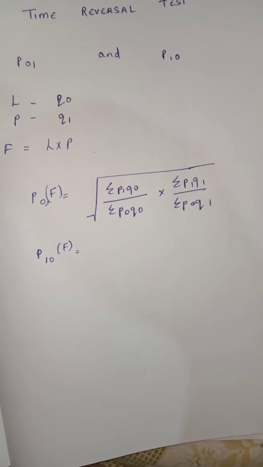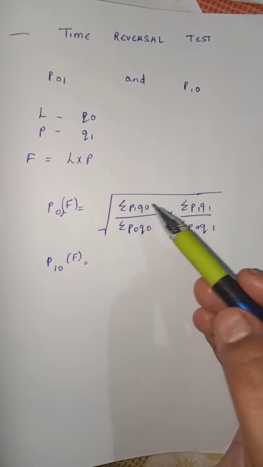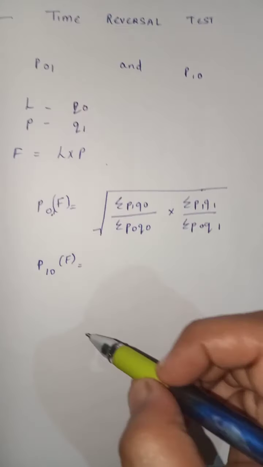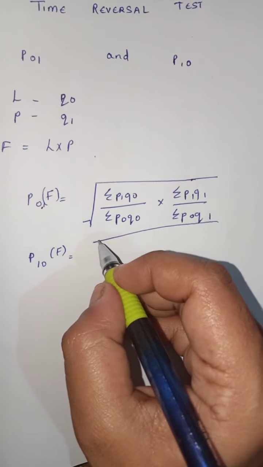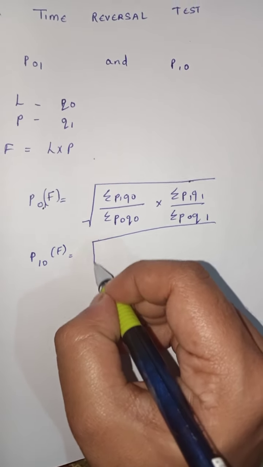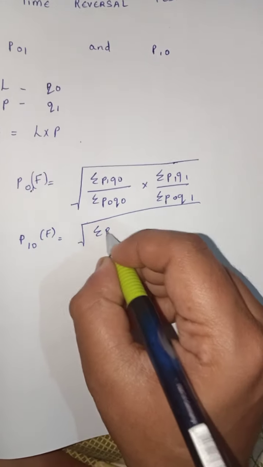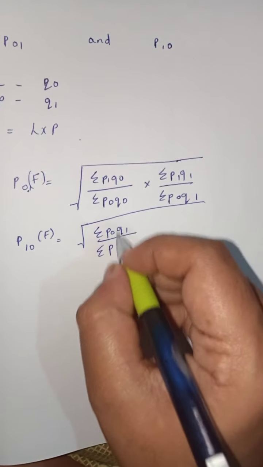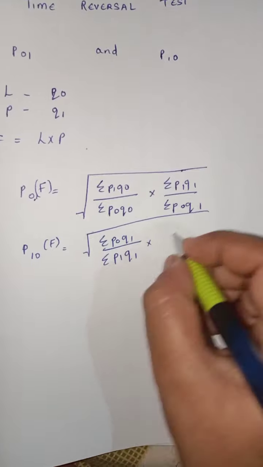We are going to just reverse it. Just write the opposite of what we had. So our P1 will become P0, Q0 will become Q1, P0 will become P1 and Q1 will become Q0.